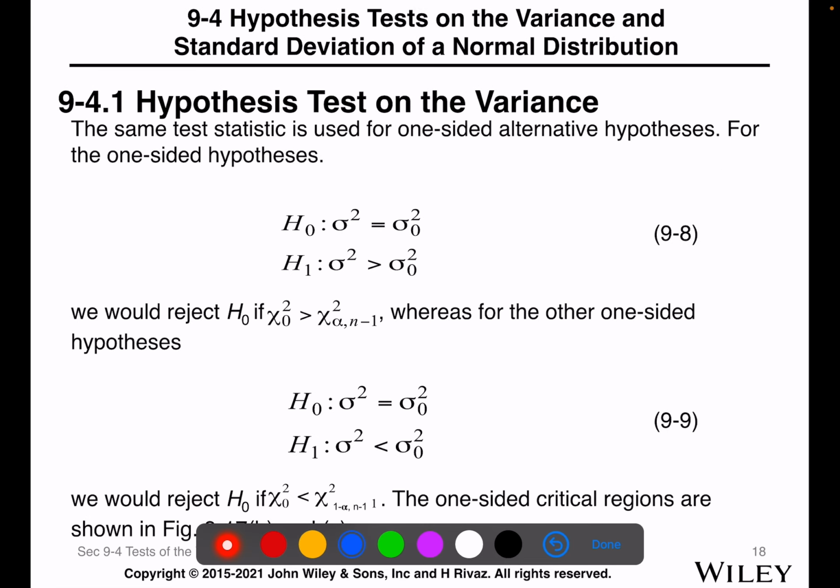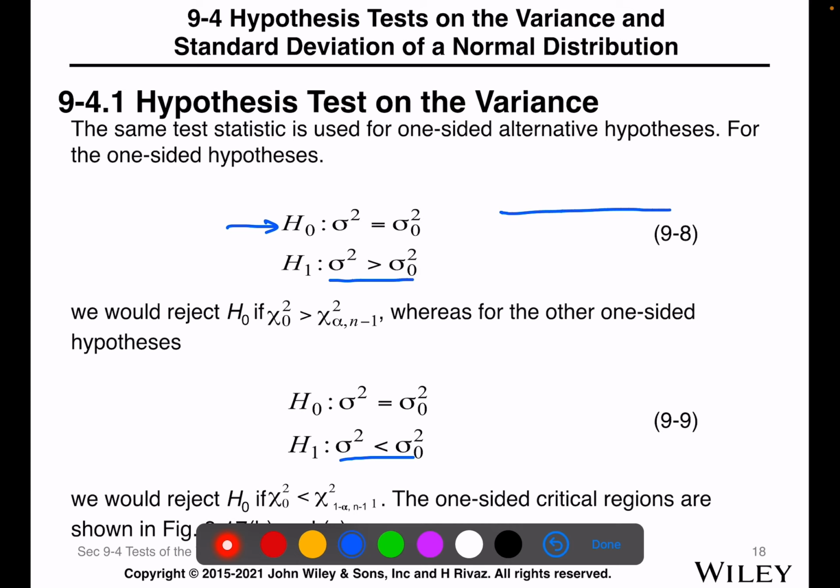So that was the case for two-sided. For one-sided, we have the exact same scenario. Our H0 is sigma is equal to sigma 0, and our alternative hypothesis is either more than sigma 0 or less than sigma 0. In this case, we reject the null hypothesis.